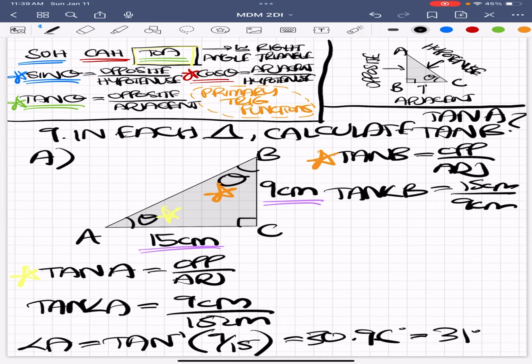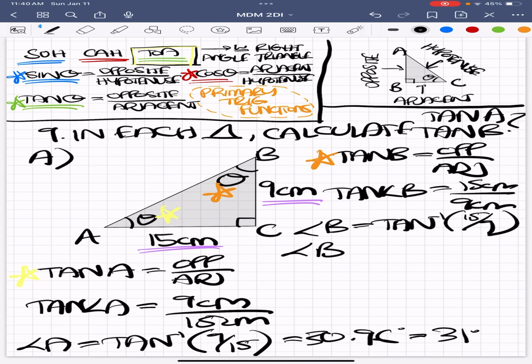Then we have angle B. We're going to take the inverse of the tan function, 15 over 9. And then we have angle B being 59.04 degrees. Angle B being 59 degrees.